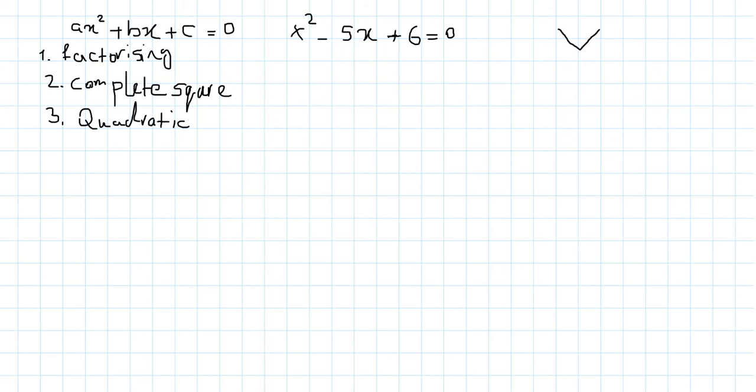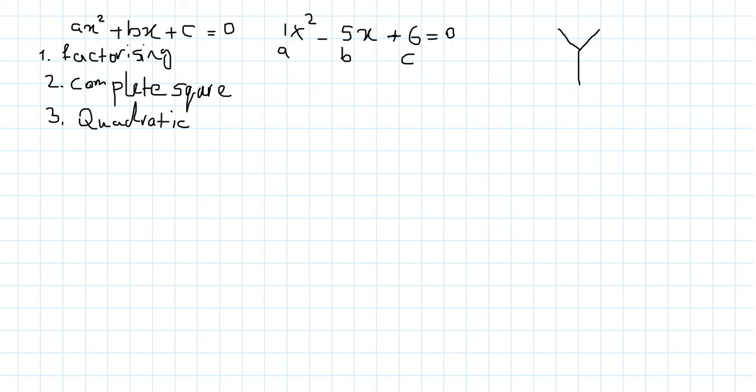It is the first thing here. Suppose that we use the y rule. I write two numbers that when they add they will be B, and when they times each other will be AC. So A is how much here? A is 1, B is minus 5 and C is 6.